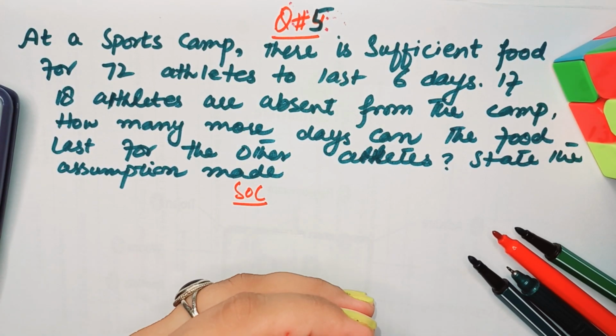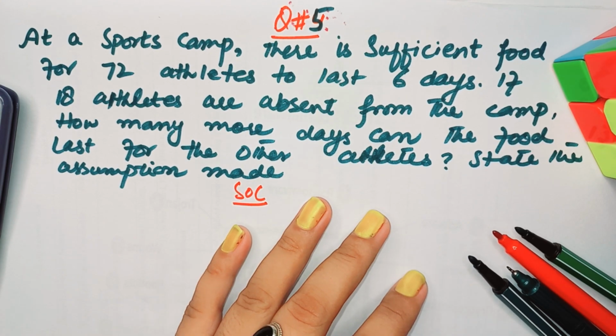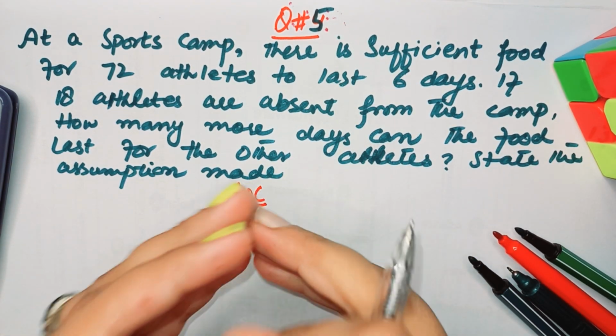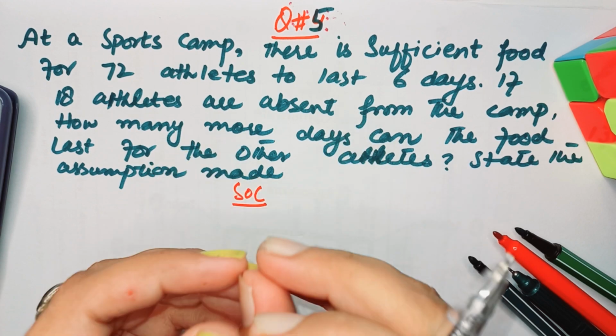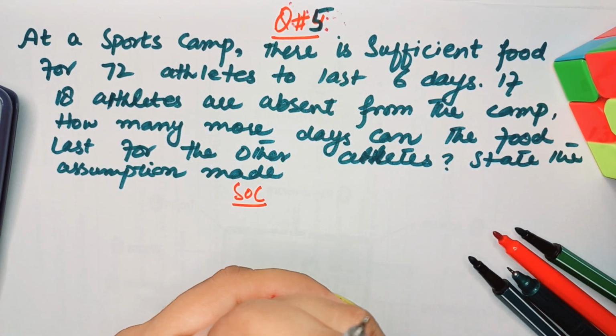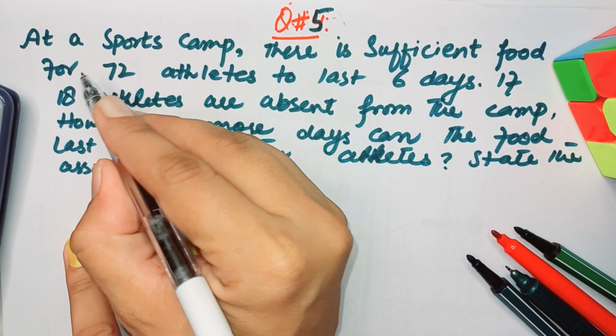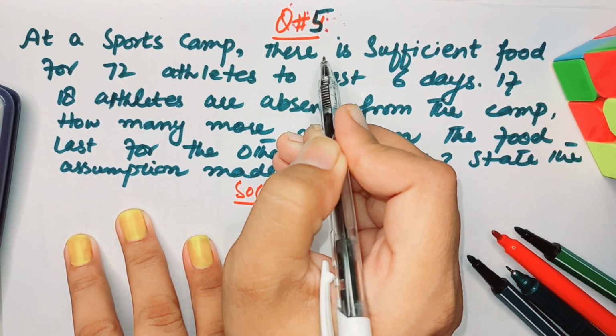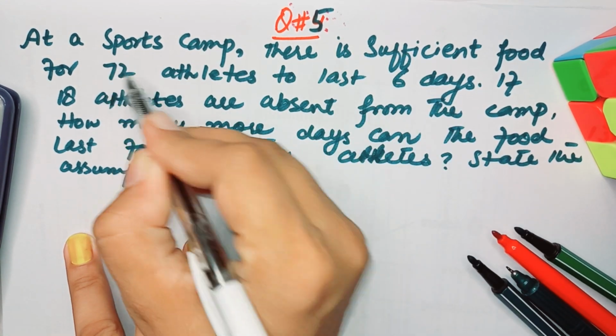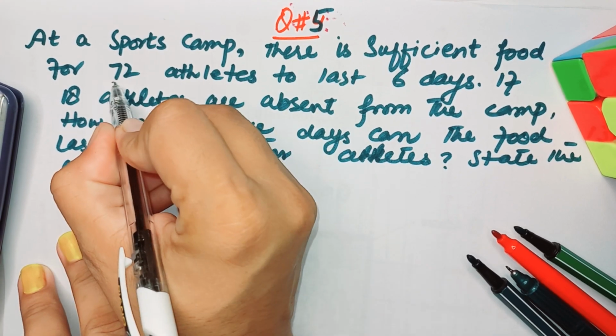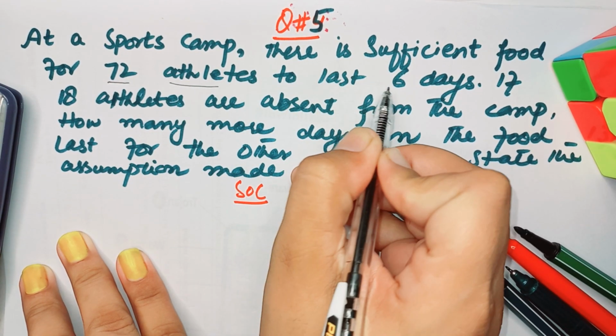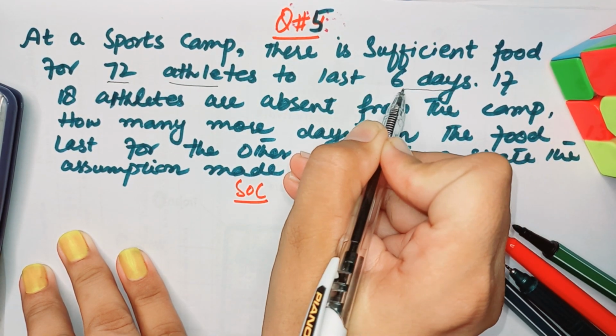Question number 5. Dear students, what you have to do? First, you have to read the statement carefully and you have to understand the statement. At a sports camp, there is sufficient food for 72 athletes to last 6 days.